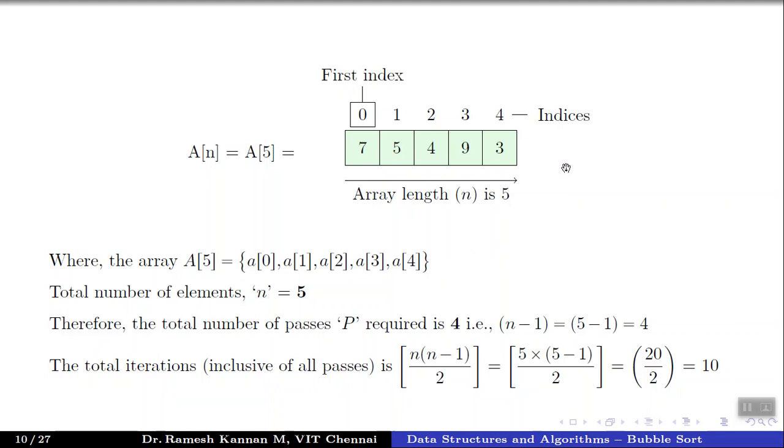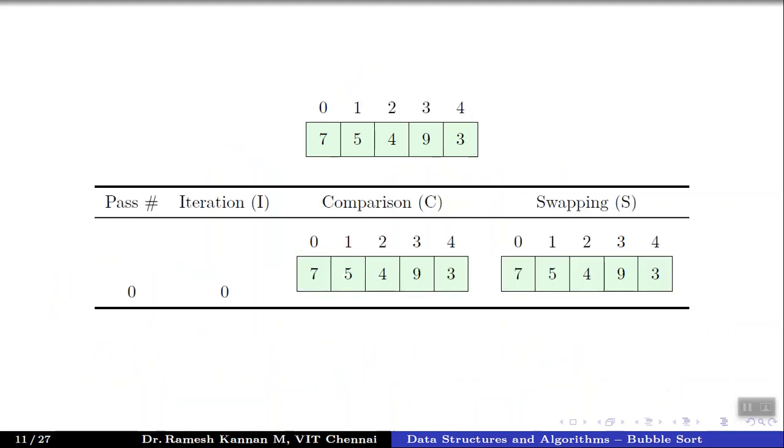So let's get started. This is the first time I'm giving you this table overview, and from this table we'll be using the procedure of the bubble sort to sort the unsorted list. In the given problem we have deliberately included iterations, and you can even see comparisons and swapping.